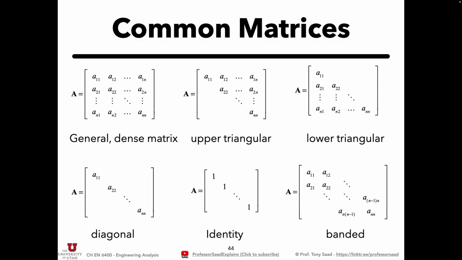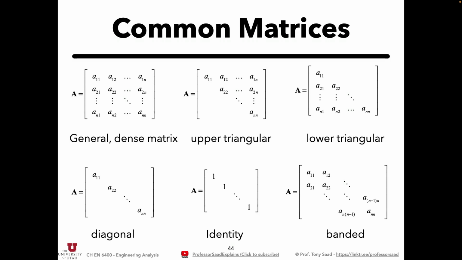You could have upper triangular matrices where you have a full equation for the first row, one less unknown for the second row, and so on. And then the last equation, you just have one unknown, one coefficient for the unknown. You could have a lower triangular matrix. You could have just a diagonal matrix. Okay, just only the main diagonal contains coefficients.